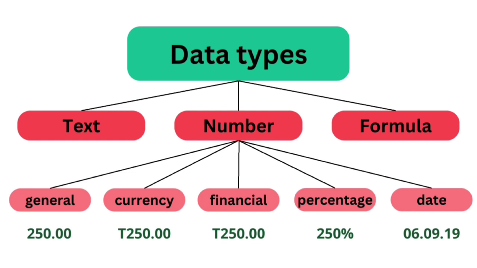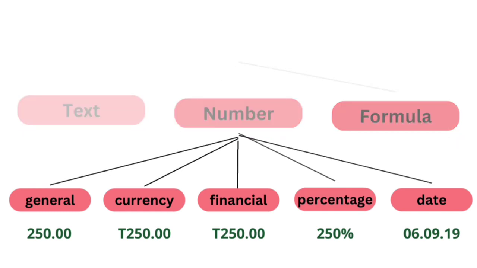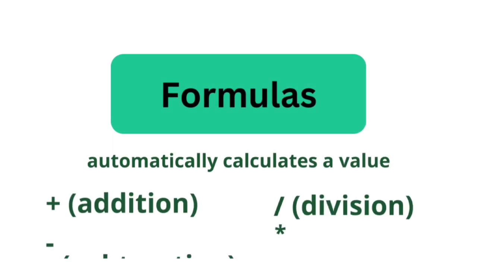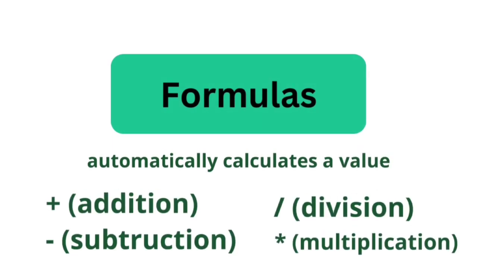And percentage format is used to display numbers as percentages, for example 250%, and date format is used to display dates, for example 19 September 2019.